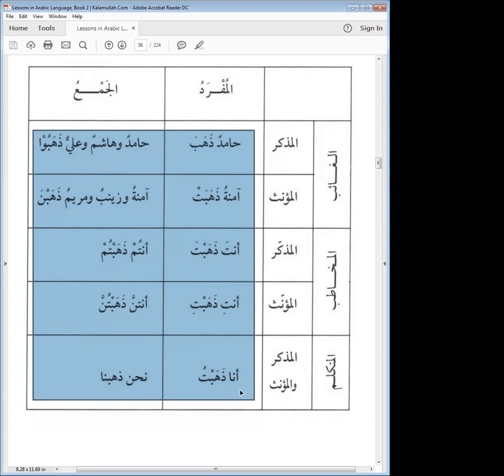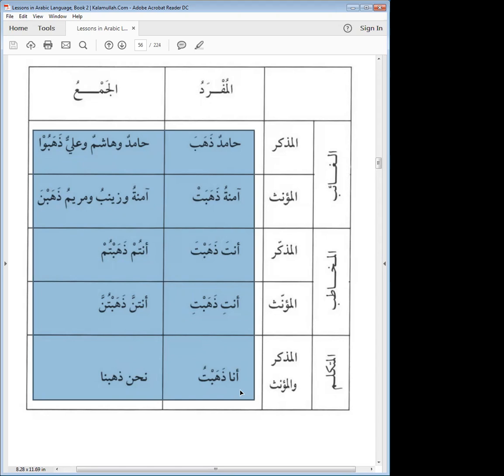All right. So going over it again. Hamidun dhahaba. If you all can say after me, Hamidun dhahaba. Hamidun wa Hashimun wa Aliyun dhahabu. Aminatu dhahabat.